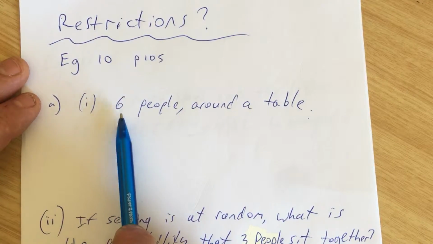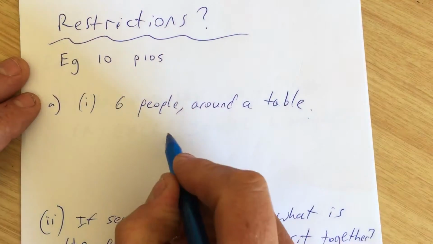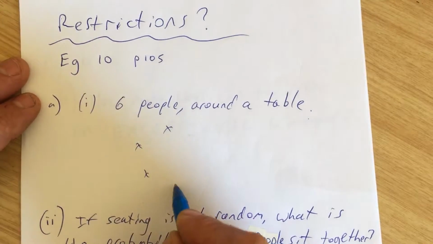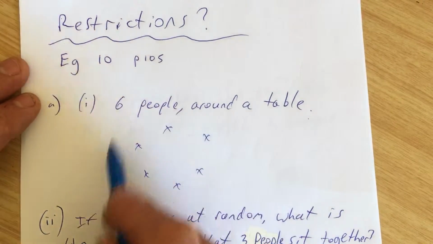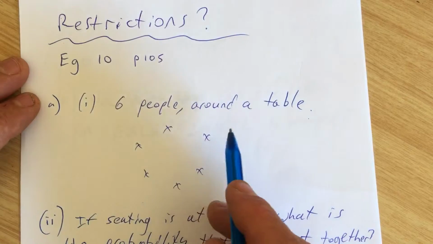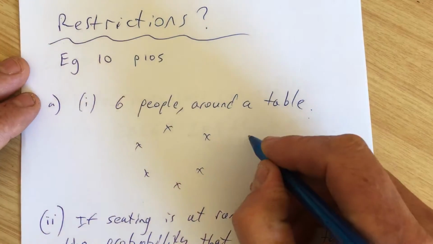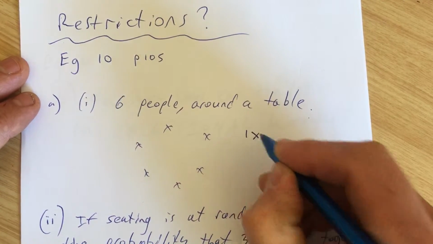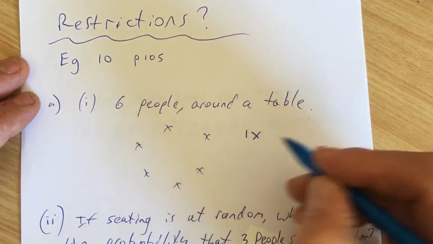How many ways can you arrange 6 people around a table? So if you have 1, 2, 3, 4, 5, 6 people sitting around a circular table, we know that the first person can actually sit anywhere. Just using the fundamental counting principle, the first person can sit anywhere.